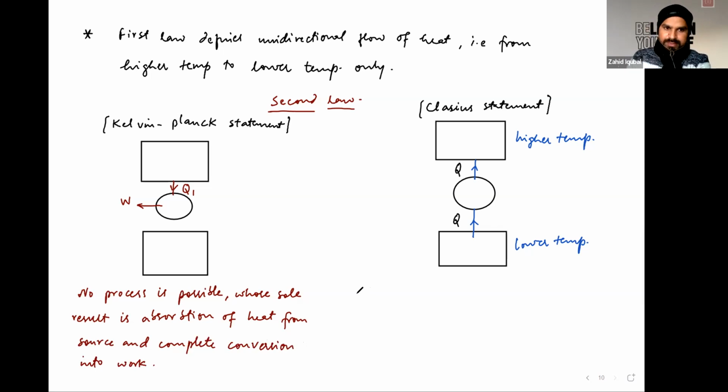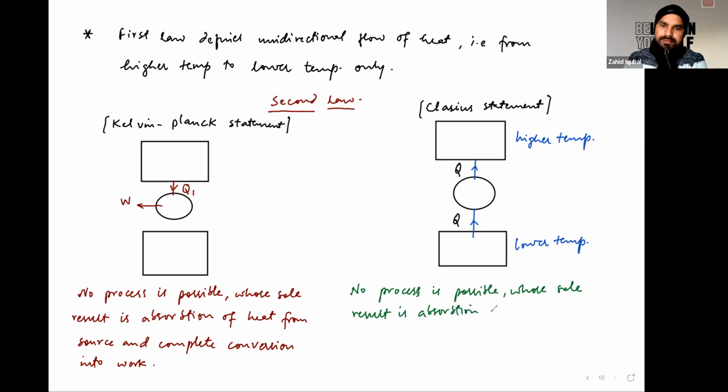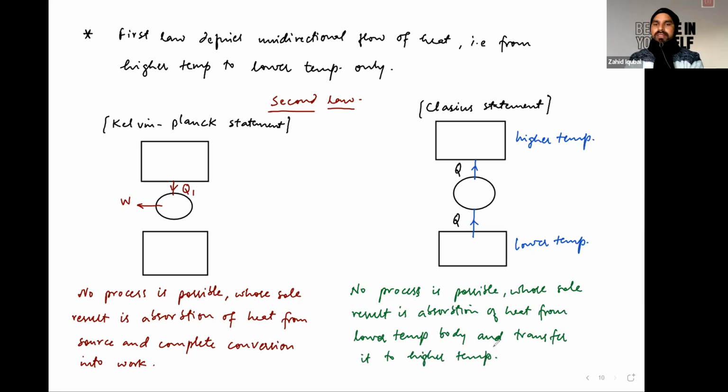Next is the Clausius statement. It says no process is possible whose sole result is absorption of heat from a lower temperature body and transfer of it to a higher temperature body without any external agency.